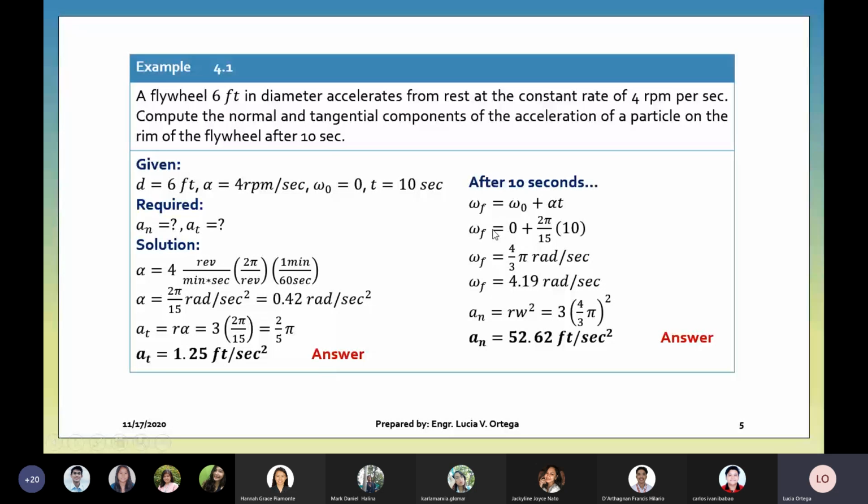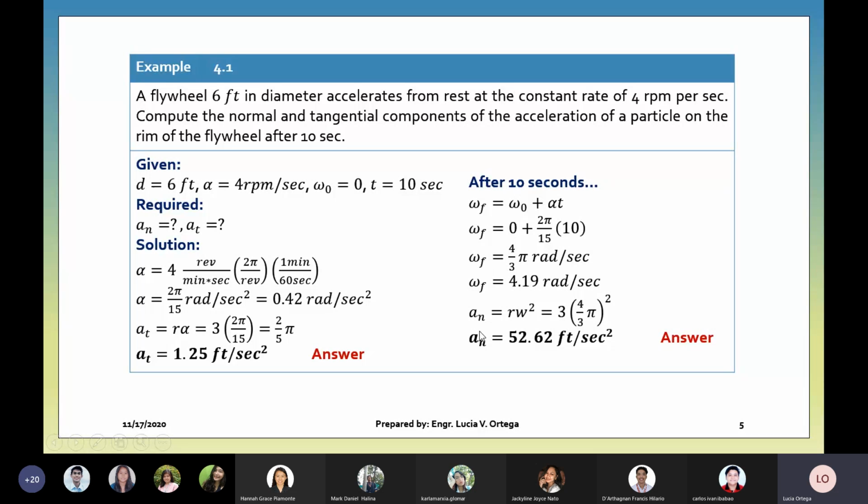So the final angular velocity is initial angular velocity plus alpha times time. So we substitute. Initial is 0, alpha is 2 pi over 15, times 10 seconds. So the final velocity is 4 over 3 pi radians per second, or that is equivalent to 4.19 radians per second.